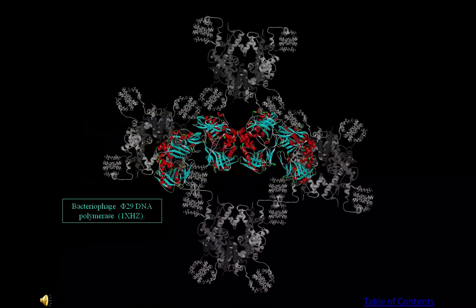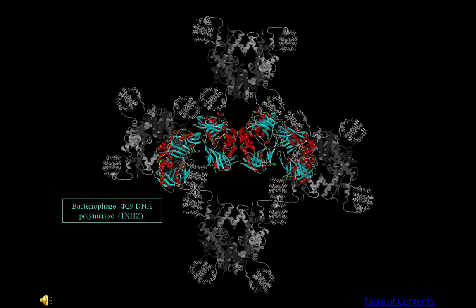Here's a representative large polymerase from bacteriophage Phi29. Its long dimension is just under 200 angstroms, which is far too large to fit into the 100 angstrom channel. But it would fit if we were to rotate it 90 degrees about the y-axis.